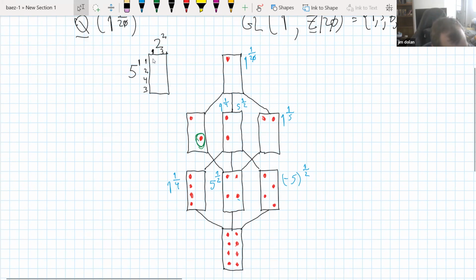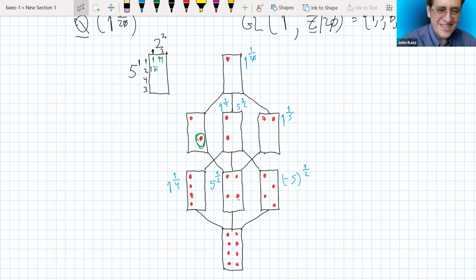So what is it? 1 is 1 mod 4 and also 1 mod 5. But 11 is 3 mod 4 and 1 mod 5? Can you help me out with the rest of these? Is it like 17? I just did this, so I'm a little bit in practice now. I think it's 17 and 7 maybe. Does that work?